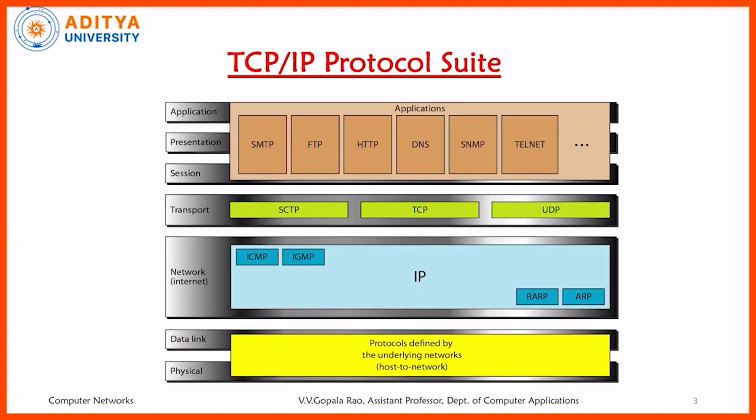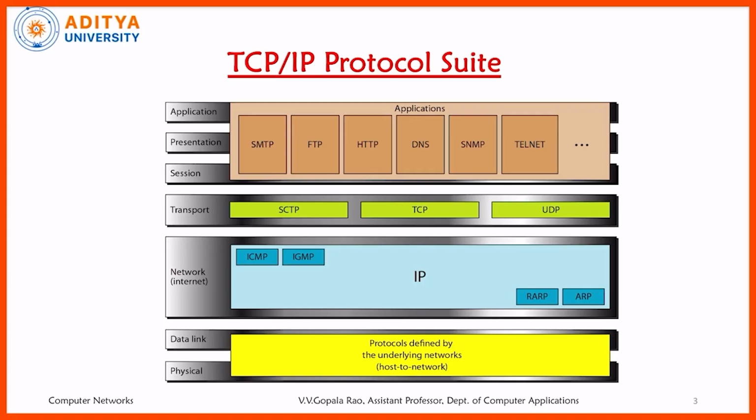You are finding the protocol suite on the screen, which consists of a number of layers: physical layer, data link layer, network layer, transport layer, session layer, presentation layer, application layer. But out of all the 7 layers prescribed in the OSI model, some of the layers are clubbed, and basically only 4 layers are shown in this TCP/IP protocol suite.